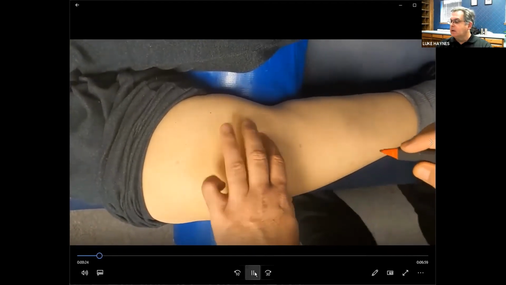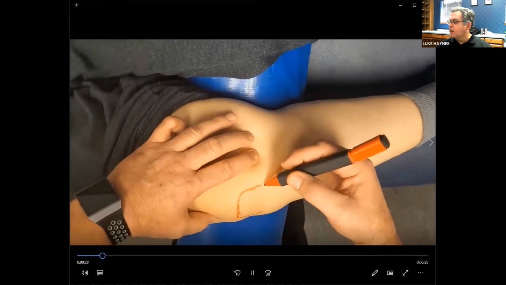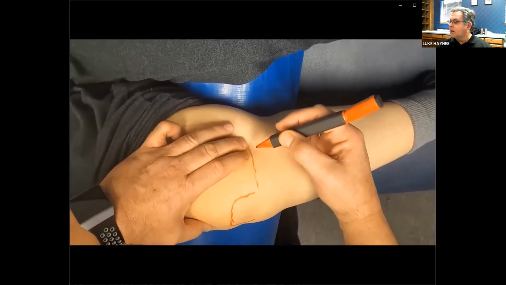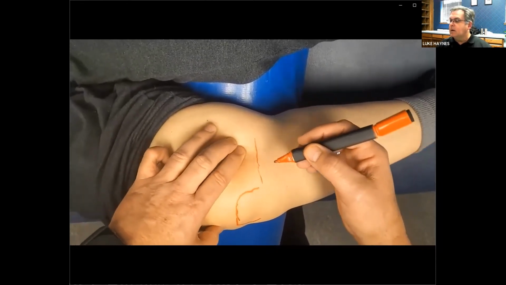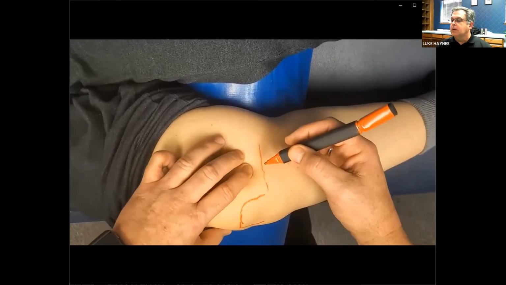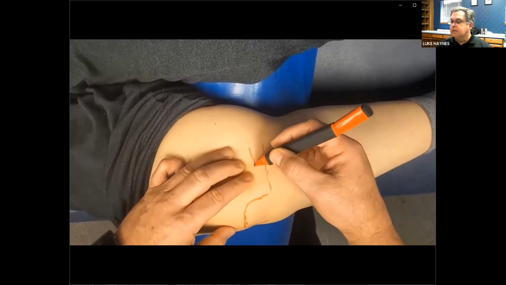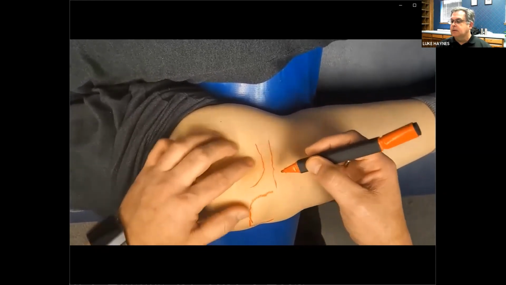We then want to come in and identify the medial joint line. Okay, we're also going to want to come up and find the condylar ridge. It's just going to be a little bit of a drop off as it forms the border of the condyle here.